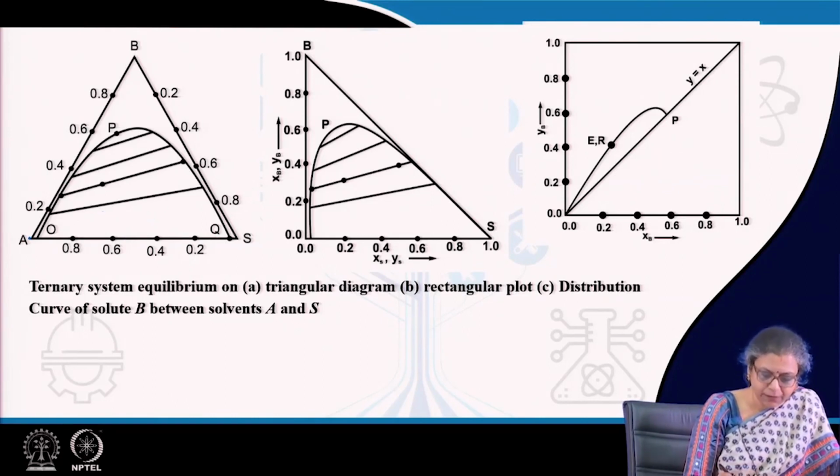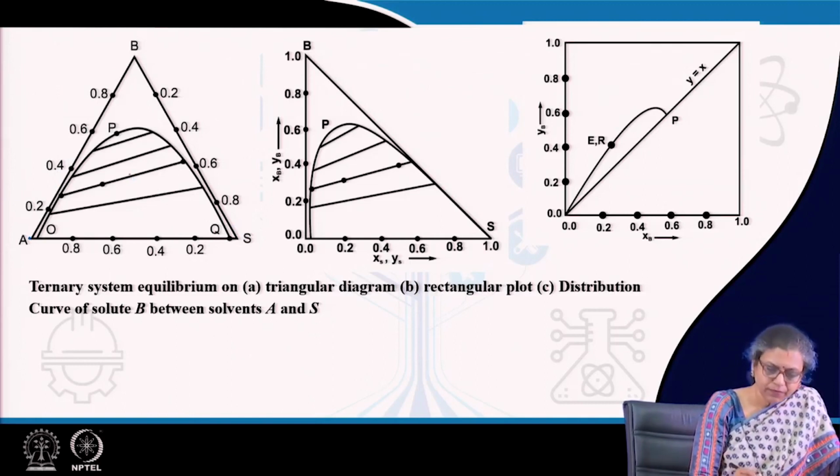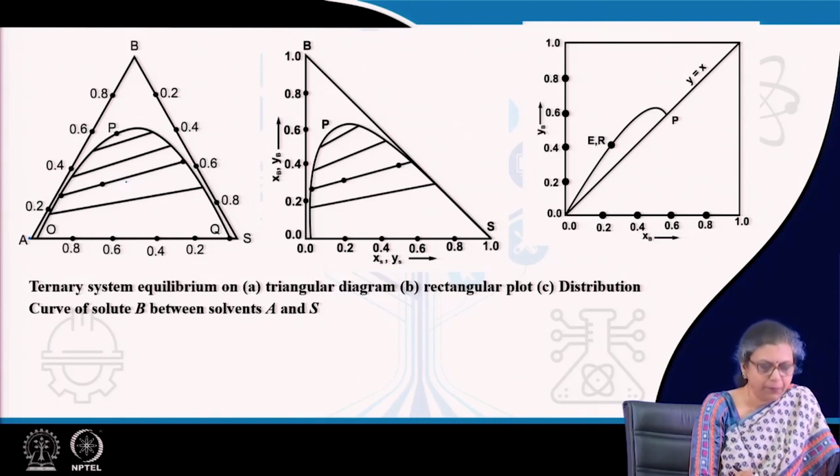And you will find that the moment you add S, the composition immediately shifts from the straight line inside the triangle, right? And when it shifts, all the three components are present.